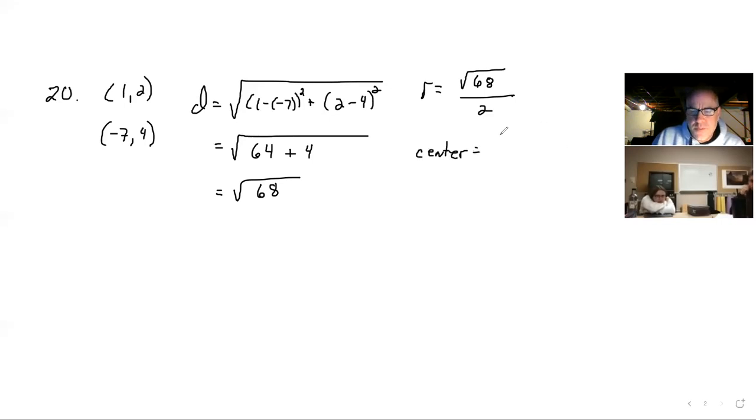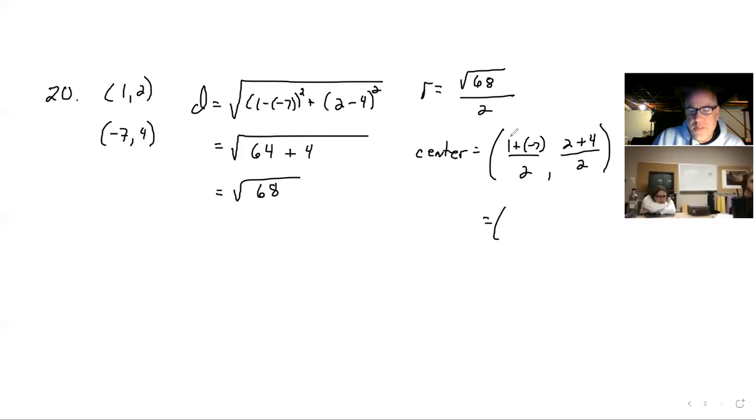So when you're finding the midpoint, average up the endpoints' x coordinates and the endpoints' y coordinates. So you would have 1 plus -7 divided by 2 for your x coordinate, and you would have 2 plus 4 divided by 2 for your y coordinate.